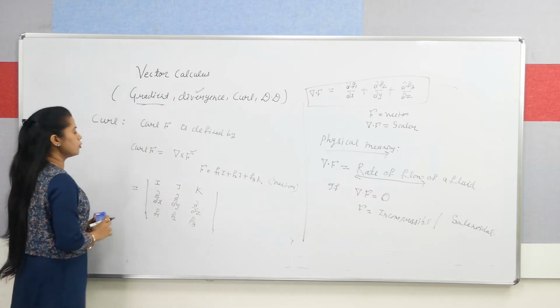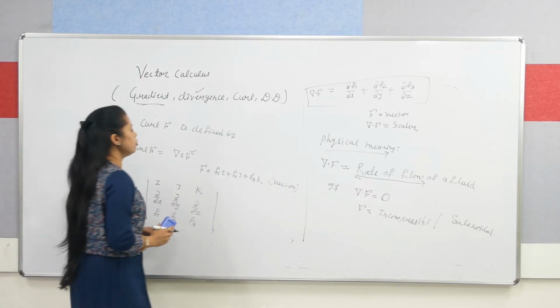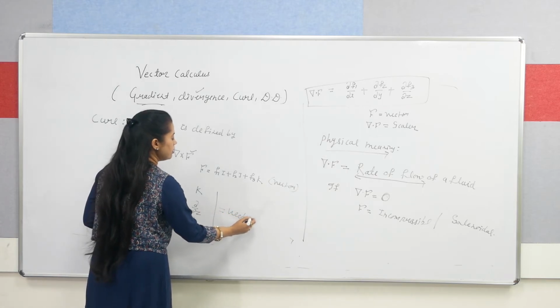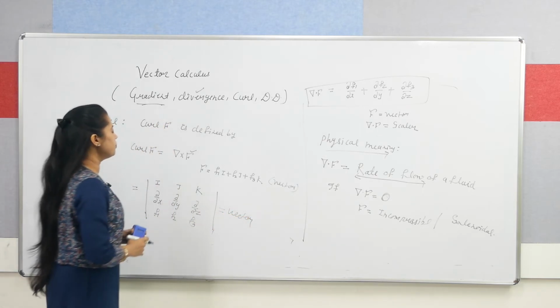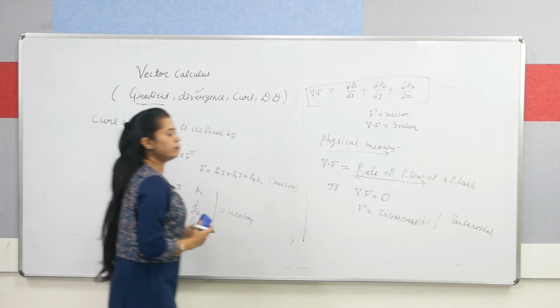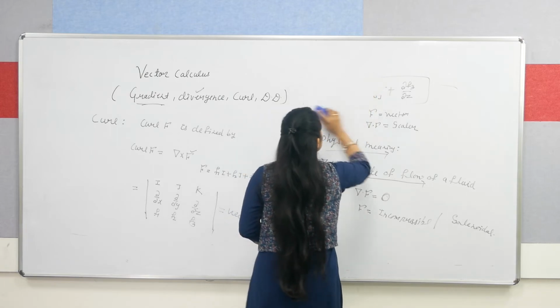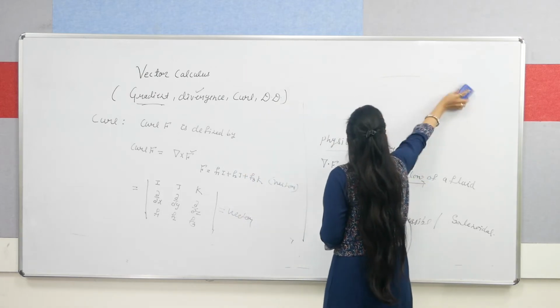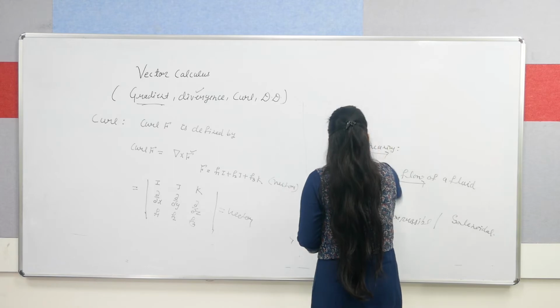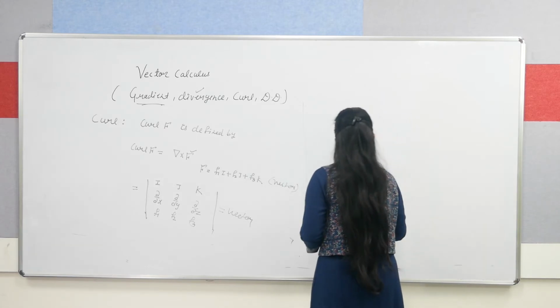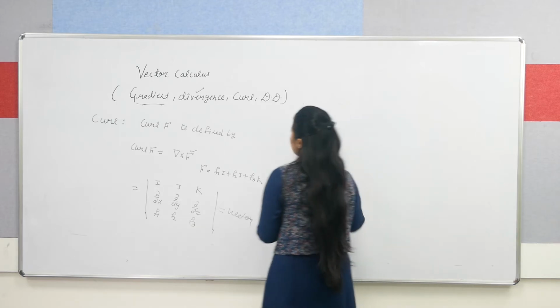So we have to solve the determinant to get the value of curl F, and the output will be a vector quantity. So in case of curl, the input and output both are vector quantities. Next we will discuss the physical significance of curl.